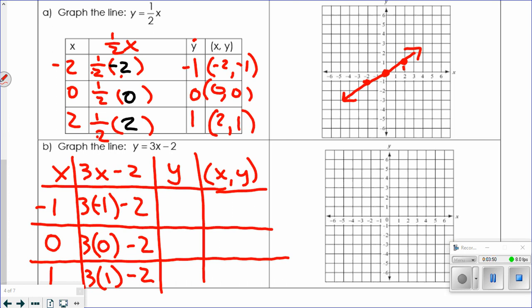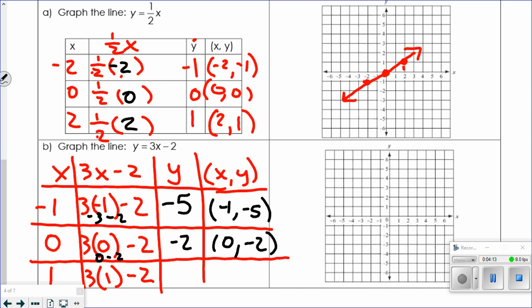So go ahead and use your calculator to compute those. You're going to do 3 times -1, which is -3. -3 minus 2 is -5. So those coordinates would be -1, -5. 3 times 0 would be 0. 0 minus 2 is -2.